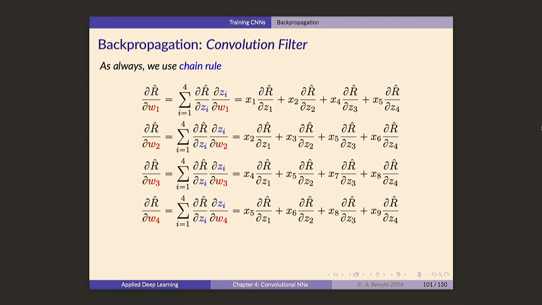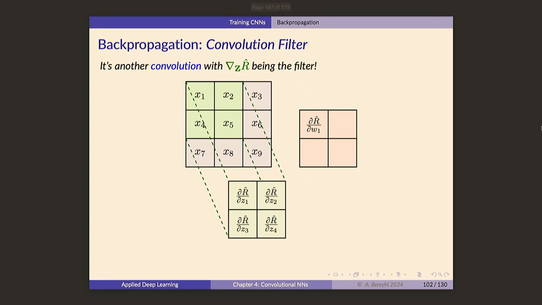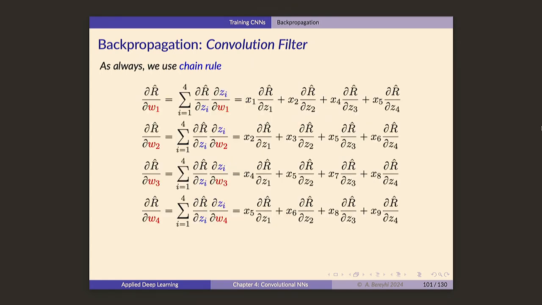But this time the cool thing is that everybody has a component. All the components are going to show up because W is involved in all of your computations. Clear? Now again, what can I do here? I could just write it down in the form of that backward or reverse convolution.